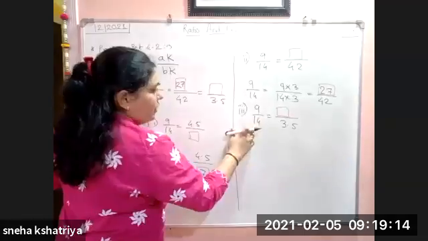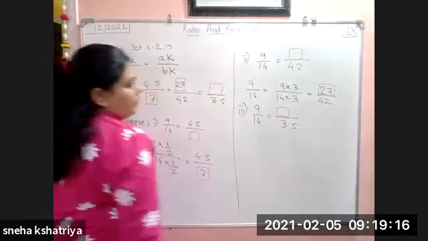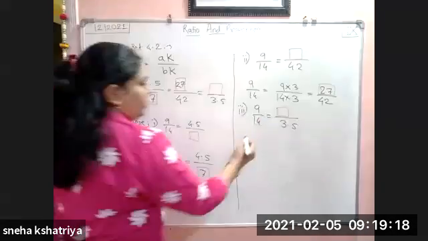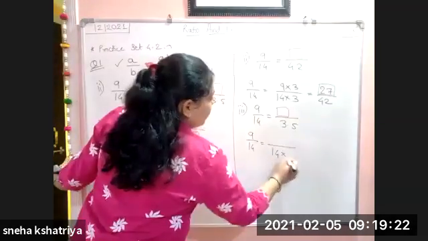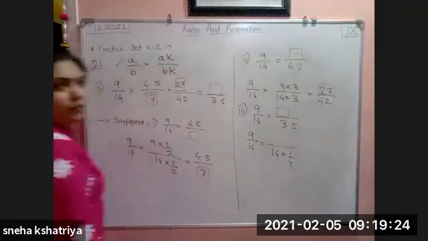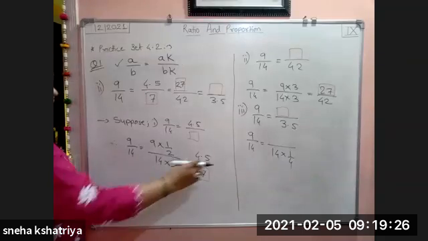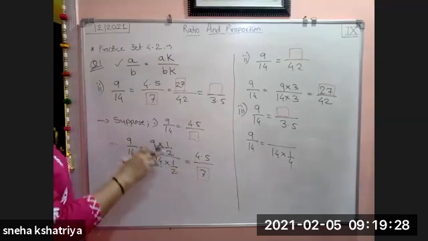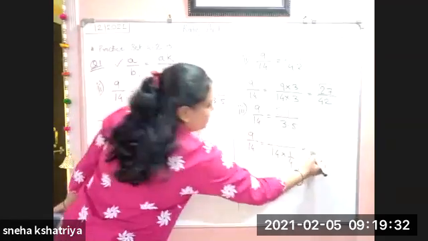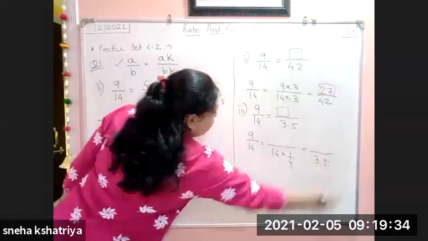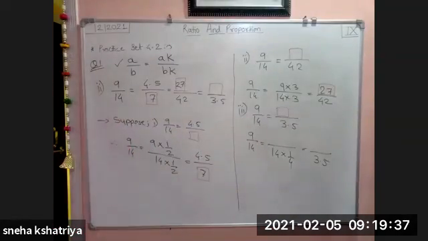If you divide 14 by 4, we will get the value 3.5. So here we are going to multiply 14 by 1 by 4. Means if we divide 14 by 4, we will get the value 3.5.